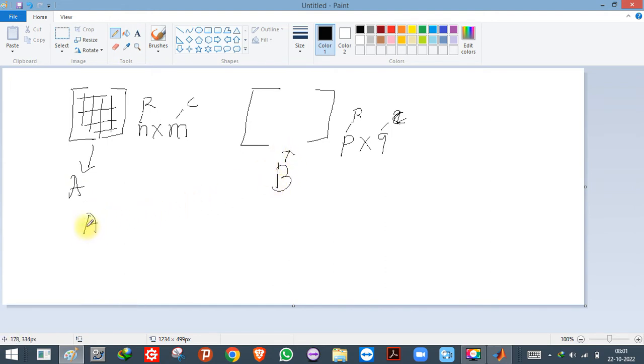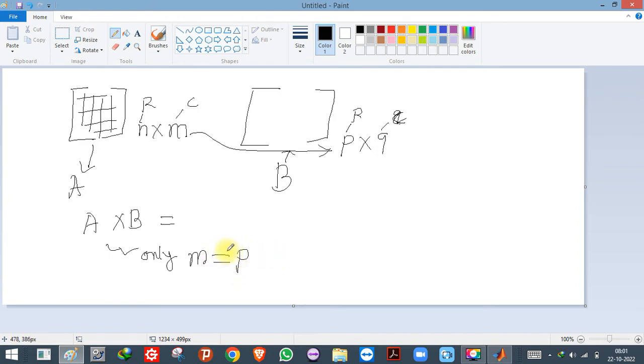Now A cross B matrix multiplication will only be possible when m is equal to p. That means this will be true only when m is equal to p.